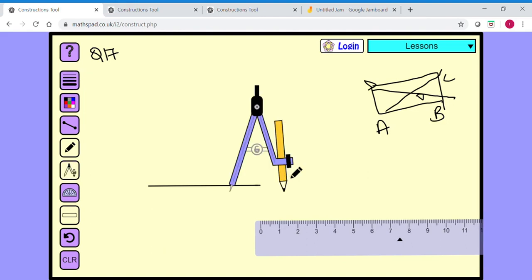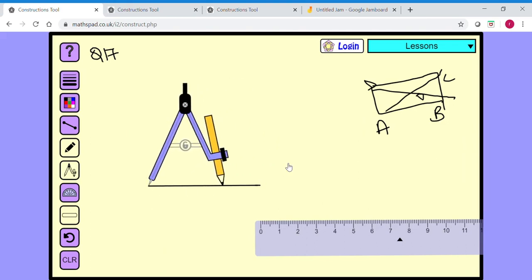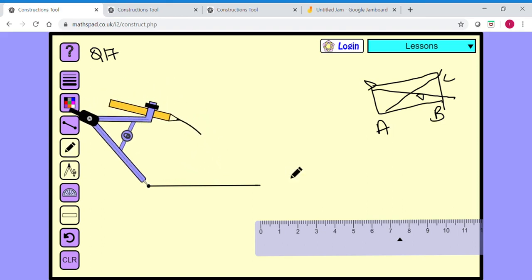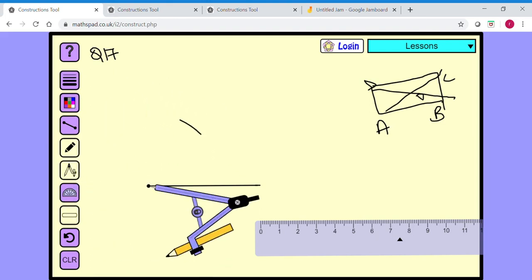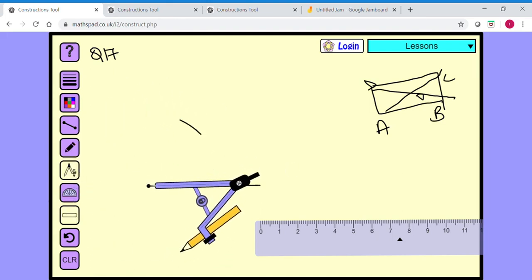Well, let me do a perpendicular bisector. Let me open it slightly more than half. Yes, this is clearly more than half. I make an arc on this side with the same radius, as in with the same span. Perfect. I make an arc on the other side.